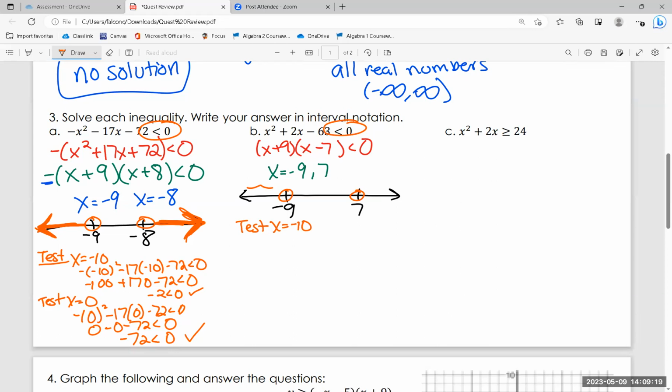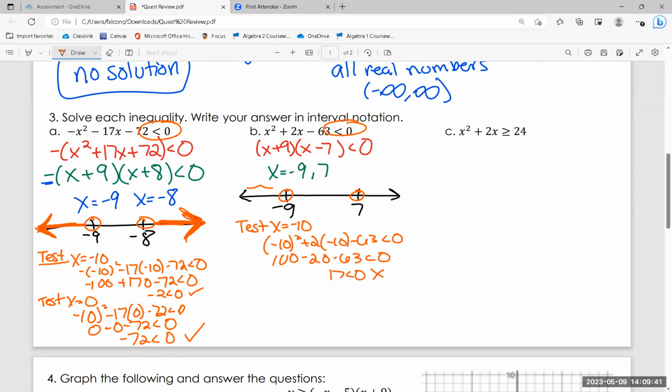Okay, so plugging it in, that would be -10 squared plus 2 times -10 minus 63 less than 0. So that would be 100 minus 20 minus 63 less than 0. So 100 minus 20 minus 63 is going to be 17.